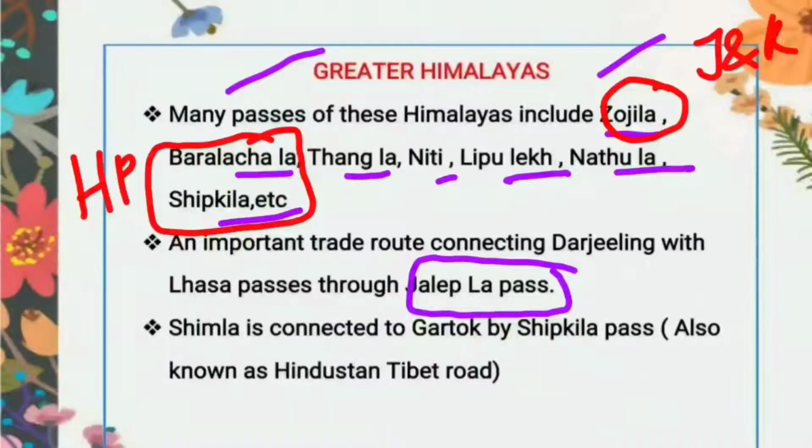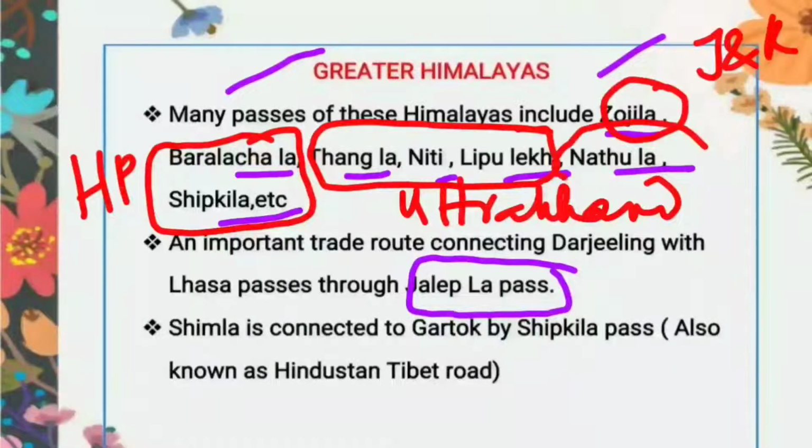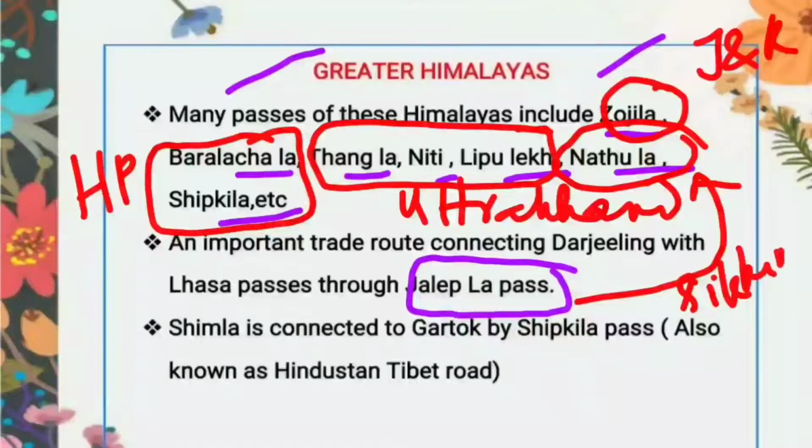Talking about the Thangla Pass, the Lipu Lekh Pass and the Niti Pass, these three passes are of the Uttarakhand region. And talking about the Nathula and another one, the Jelep La Pass, both are passes of the Sikkim area.